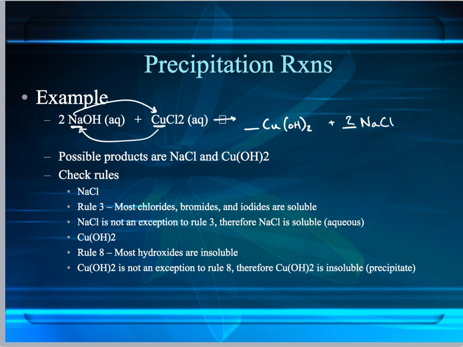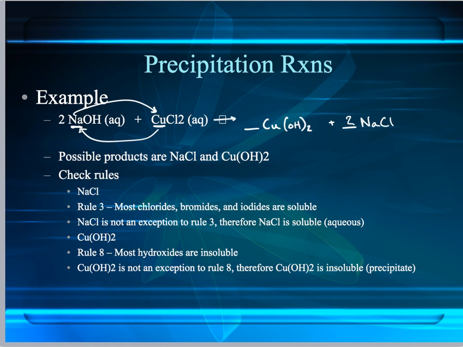So we want to check these against the rules that we just saw on the previous slide. Looking at the NaCl first, and seeing we haven't yet written what state of matter it is, whether it's aqueous or solid. So checking the NaCl, you don't even have to go to Rule 3.